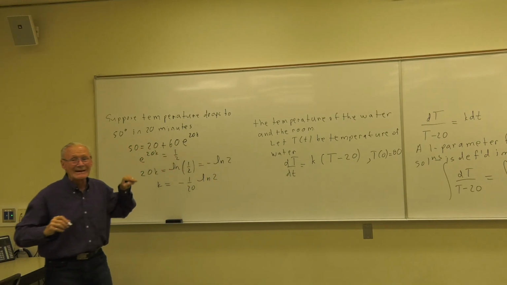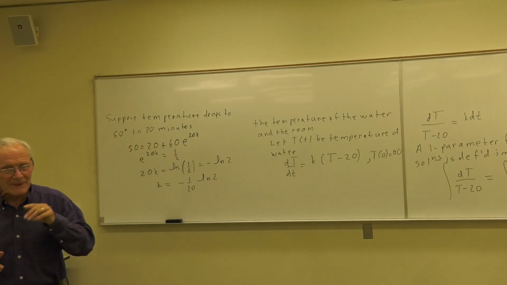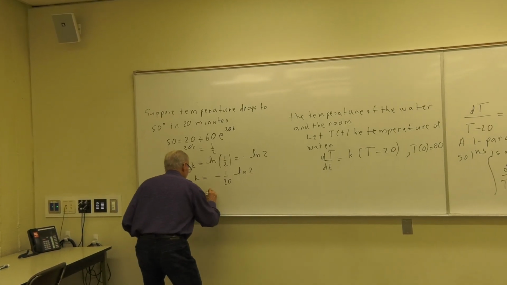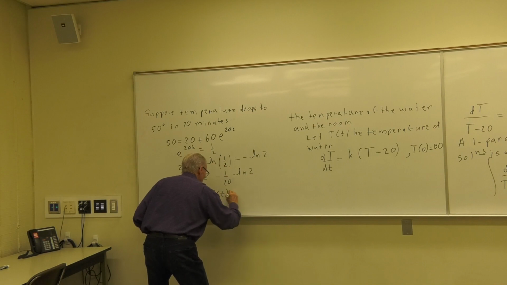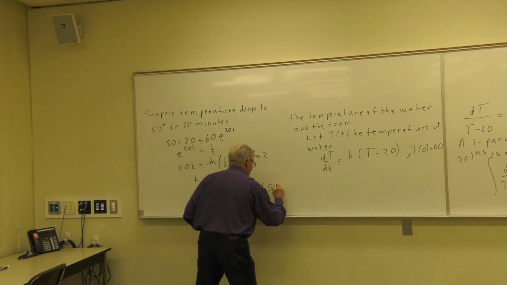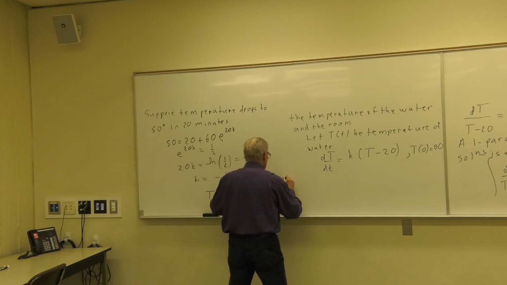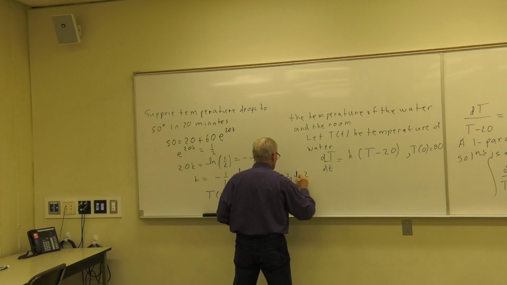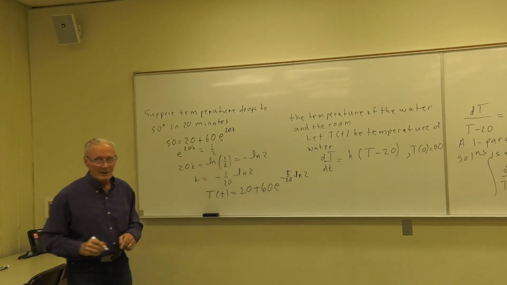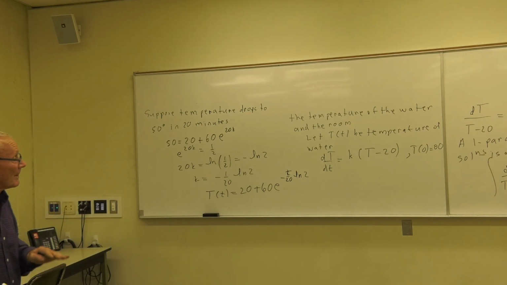And it is negative. Thank goodness. All right? So we can now say final answer, the temperature of the coffee is equal to 20 plus 60 e to the minus 1 over 20, the logarithm of 2, times t. So put the t there. There's the temperature of the coffee thereafter.